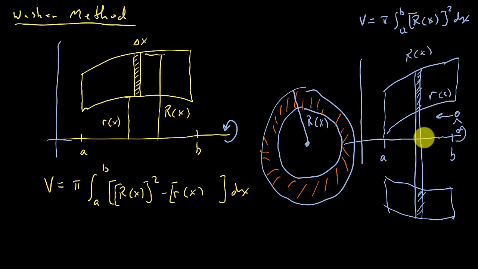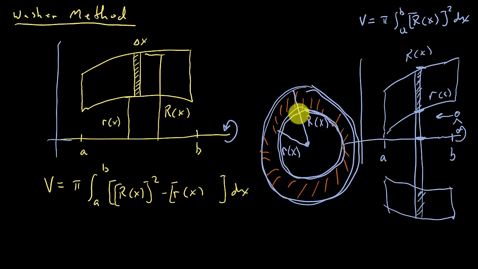That's the radius from here to this end. And then I need the radius of this circle, which would be little r of X. See, that's from here to this end of the rectangle. All right. So to find this area, I need the area of the larger circle minus the area of the smaller circle, and that will leave me with this area right here.